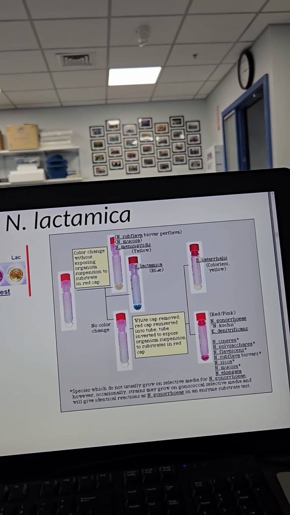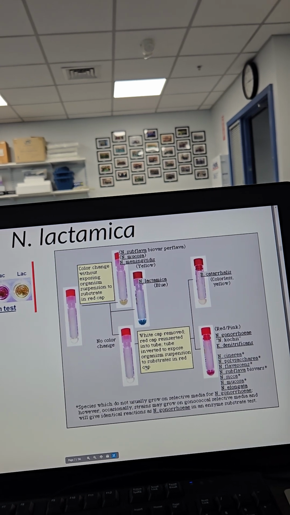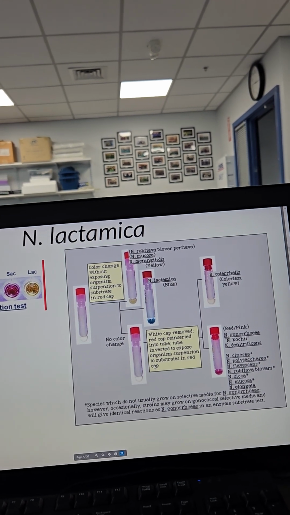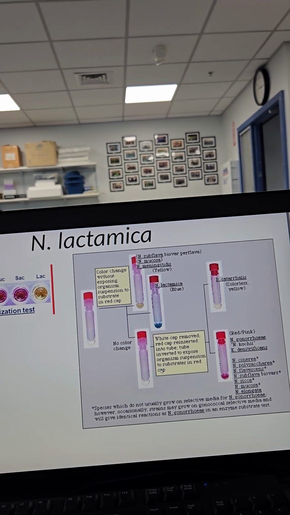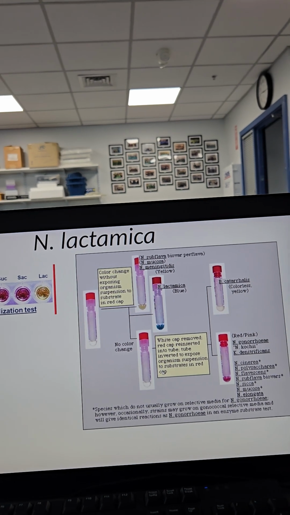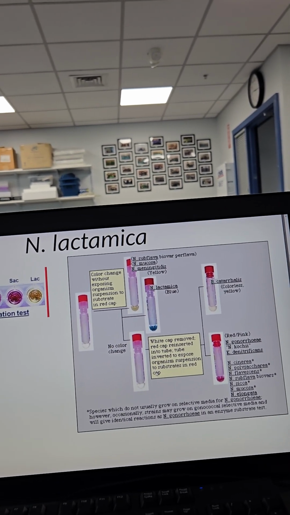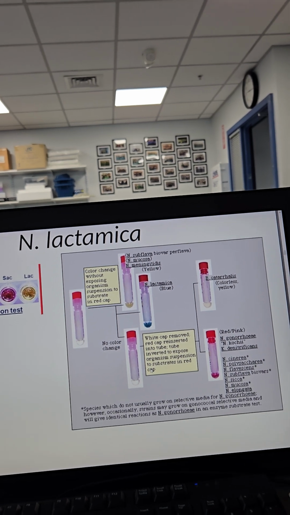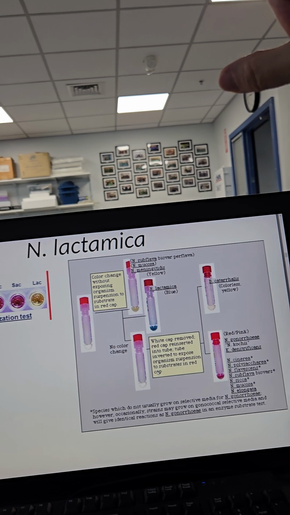Okay. So then, if it didn't turn colors, what you do is you take both caps off, and you take the red cap out of the white cap, and you put the red cap back on, and invert it because there's a reagent on there. Invert it a couple times. I think it gets put back into the incubator. I can't remember.